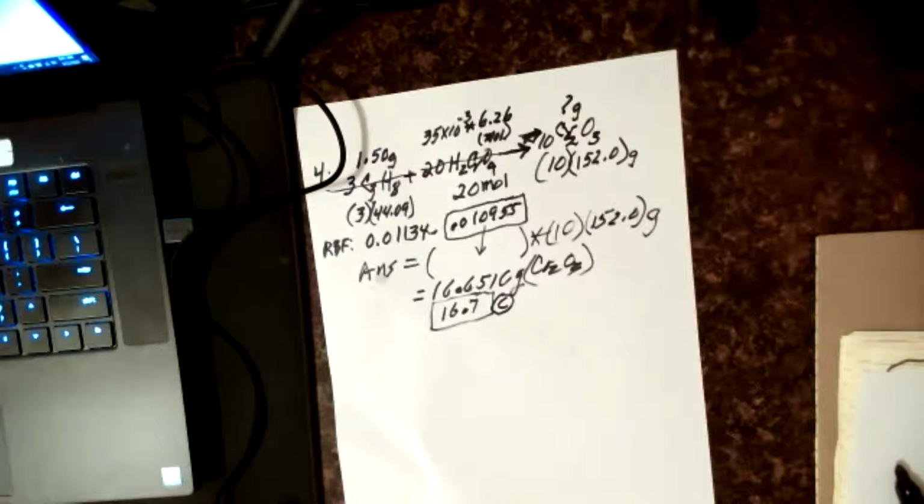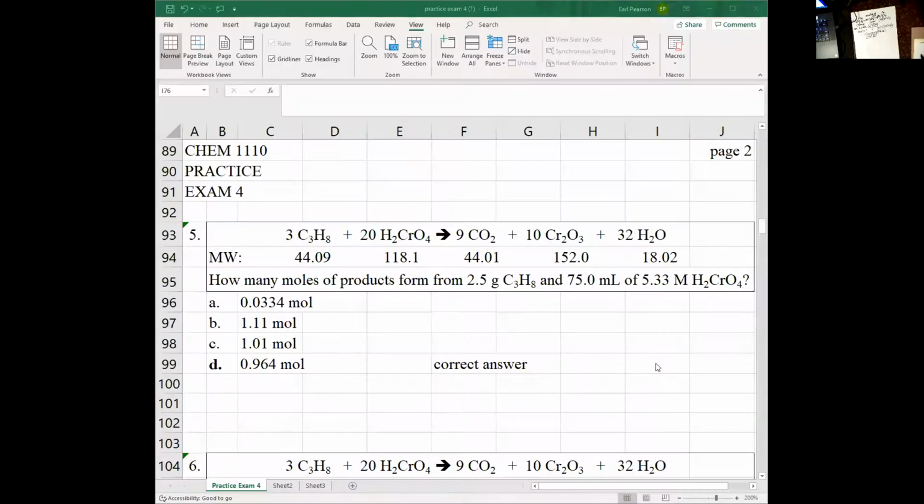Okay, all right. Let's go back and look at the next one. It's involving the same reaction. How many moles of products would form from 2.5 grams of propane and 75 milliliters of a given molarity?